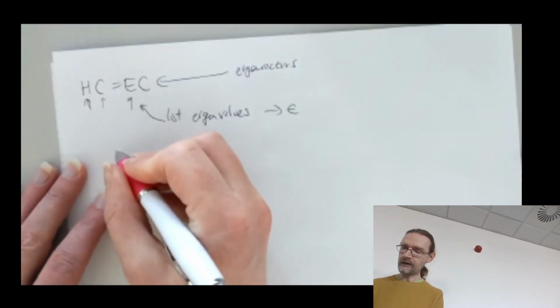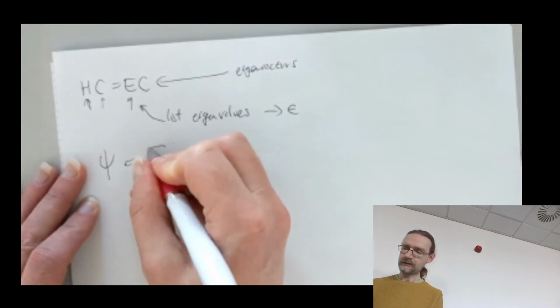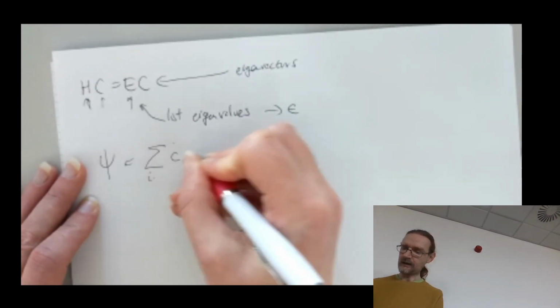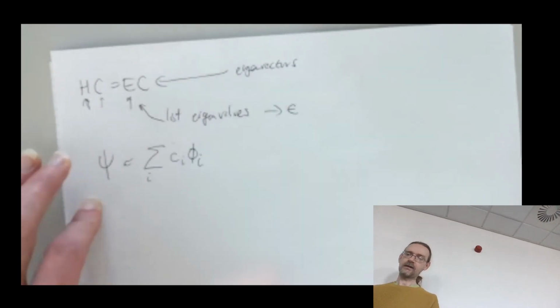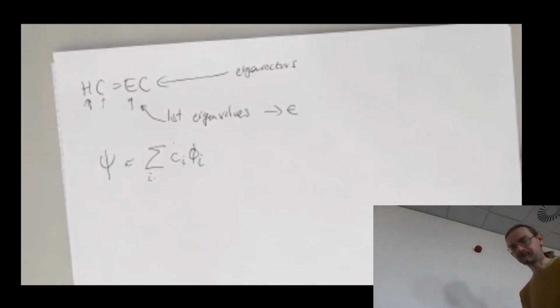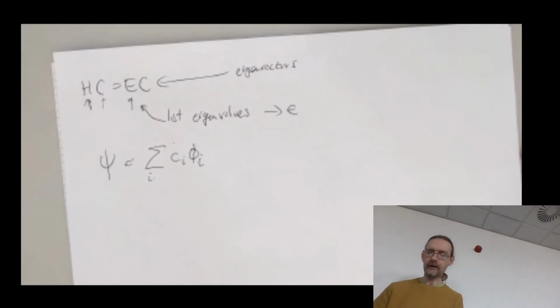You remember my real wave function is approximately going to be equal to the sum of Ci phi i. So I'll build it up from a linear combination of basis functions. So when I solve and get this eigenvector, I know how to build my full wave function.